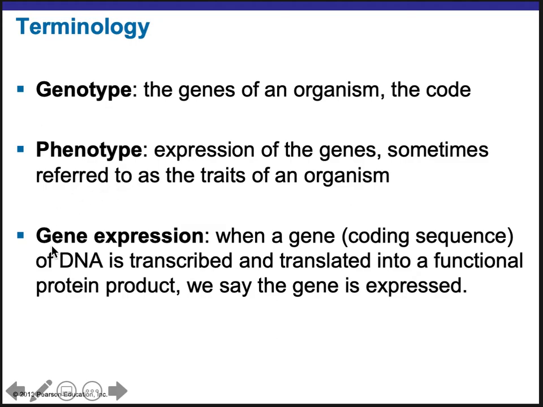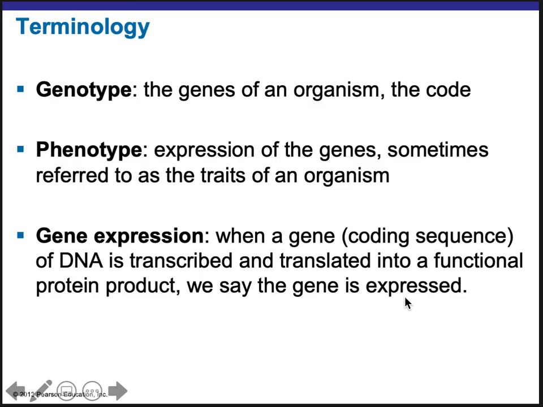Okay, so gene expression, as I've already mentioned, is taking a gene, the coding sequence, transcribing it into mRNA, messenger RNA, and then translating it to a functional protein product. So you translate it from the nucleic acid, mRNA, into the language of protein, which would be amino acid.